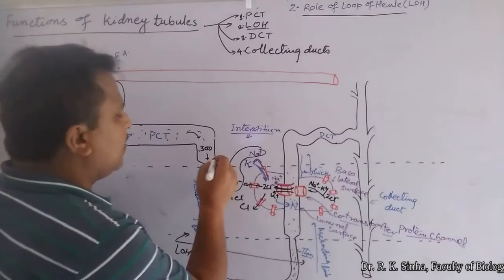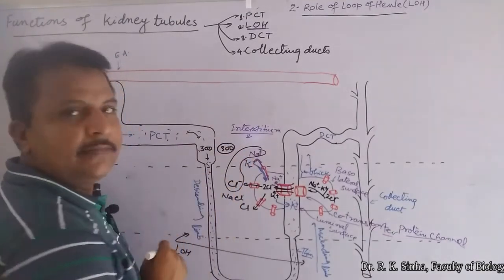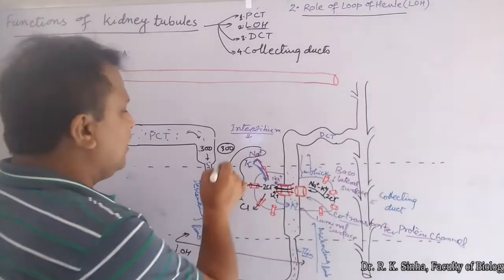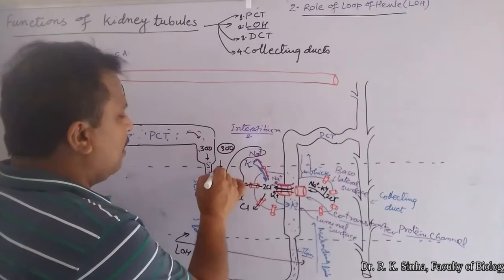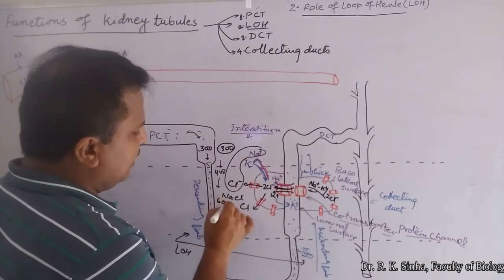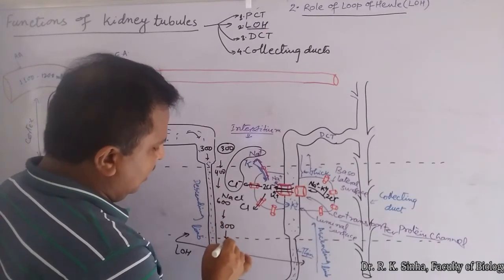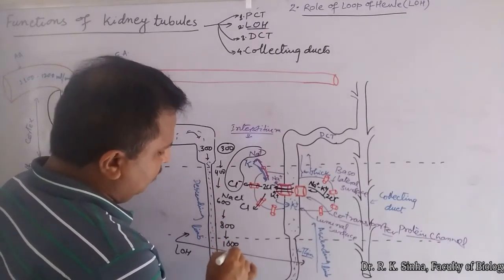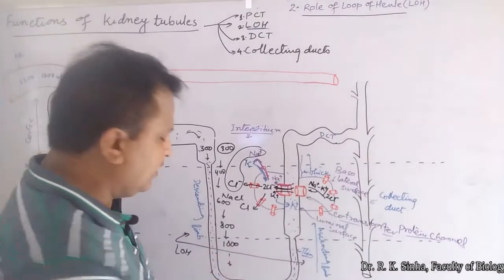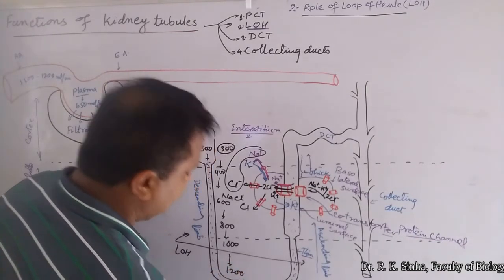Suppose the first time their concentration here is 300 milliosmol. Then as this electrolyte is added, its concentration will go up to 400, then 600, then 800, then 1000, and in the deep inner medullary interstitium its concentration will go to 1200 milliosmol per liter.